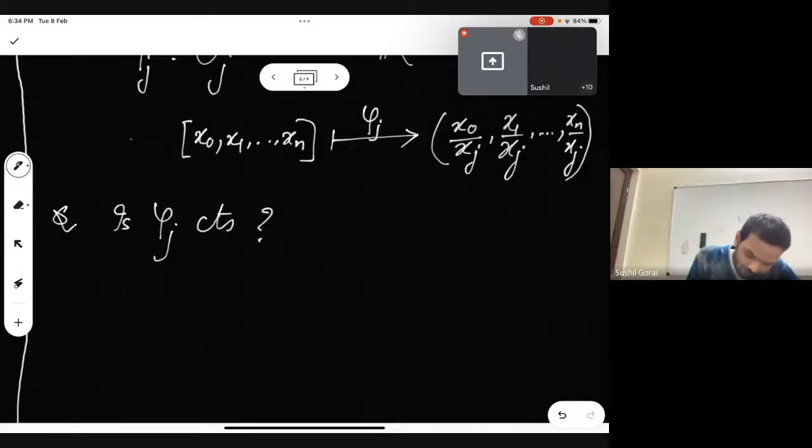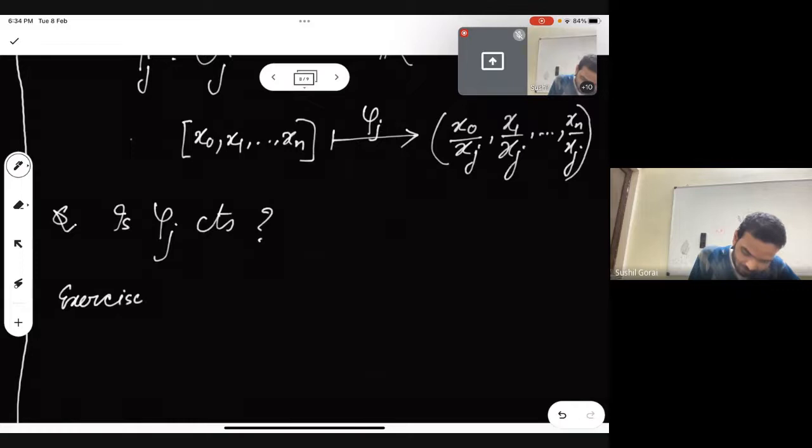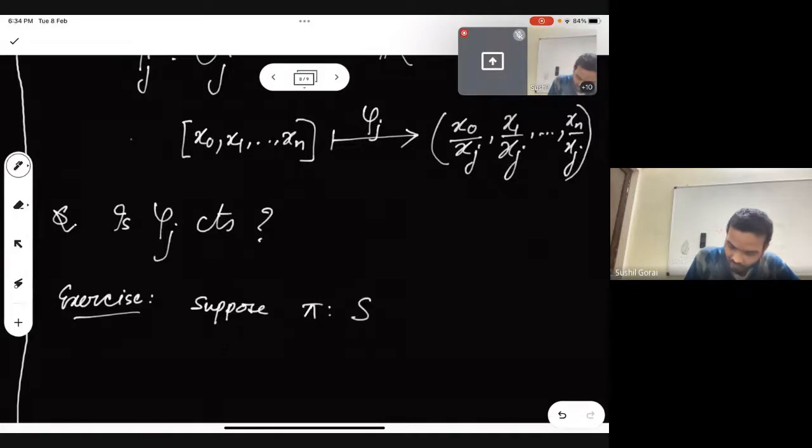Here you invoke the following exercise. Suppose pi from S to S tilde is a quotient map.